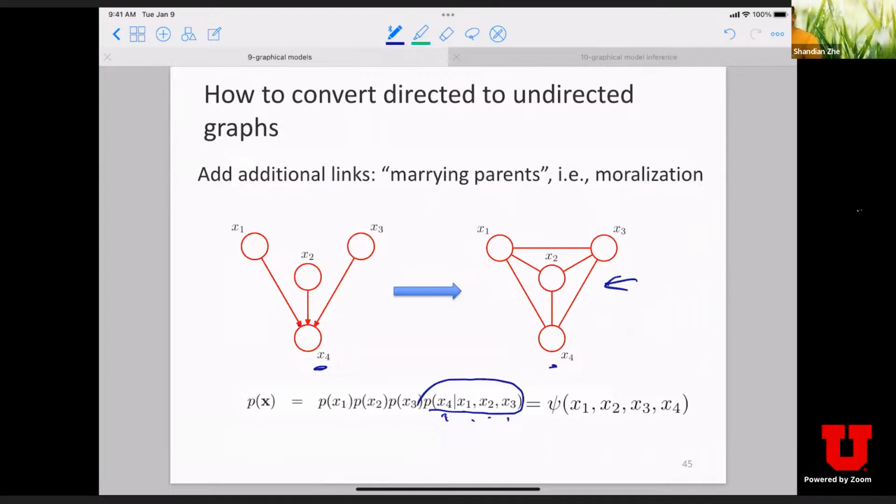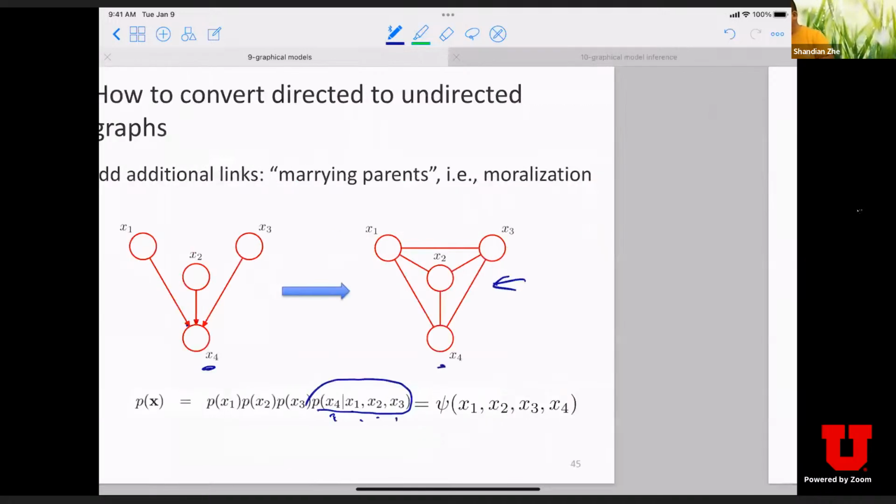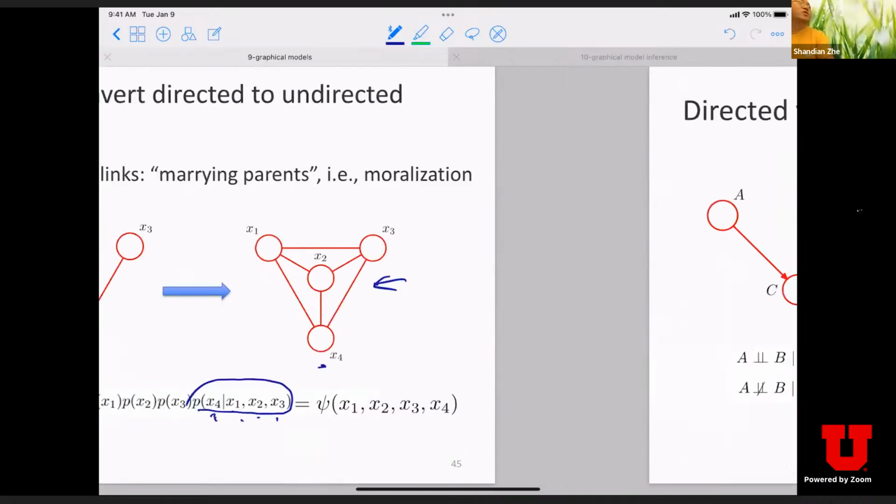Only by doing so can you ensure that all those variables inside this conditional probability term are fully connected. Any questions so far?